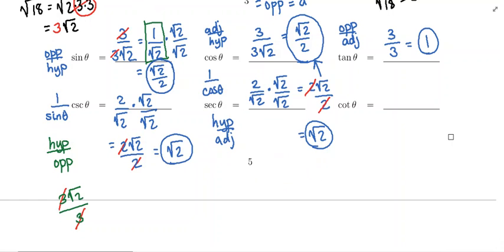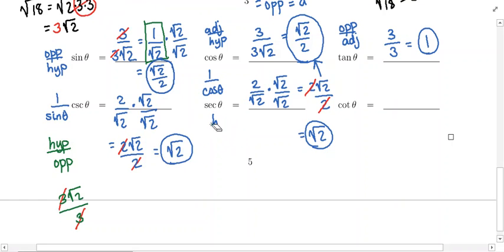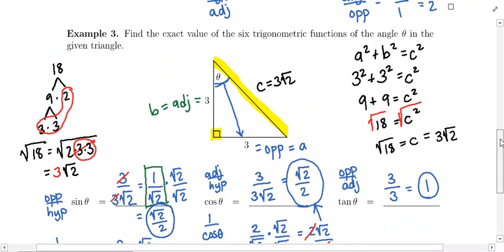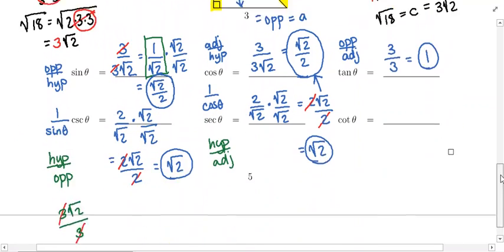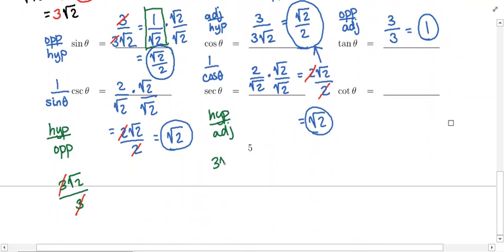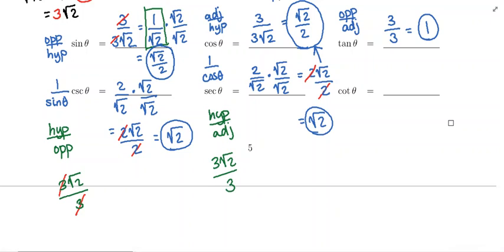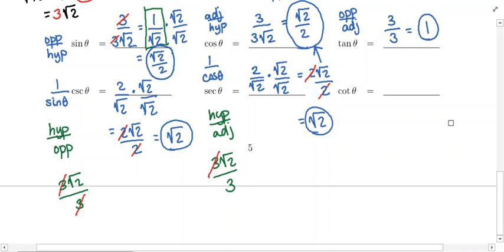It's the same kind of thing that we just did for the cosecant. We know this is hypotenuse over adjacent. If we had read this off the triangle, we know the hypotenuse is 3 times the square root of 2 over the adjacent. The length of the adjacent side is 3. Same thing that happened with cosecant: the 3's cancel, leaving you with the square root of 2.